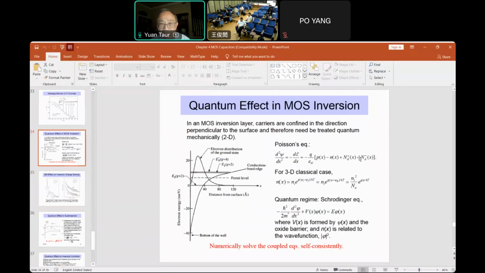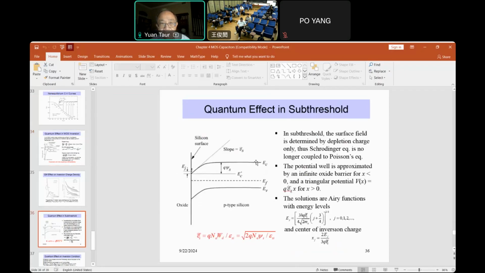So then you can solve that, and then you put the potential from the Poisson equation into the Schrödinger equation, and try to solve the wave function by Schrödinger equation alone. So this is the Poisson equation solved with only depletion charge, and there's a bending, and so there's a surface field we call ES, okay?